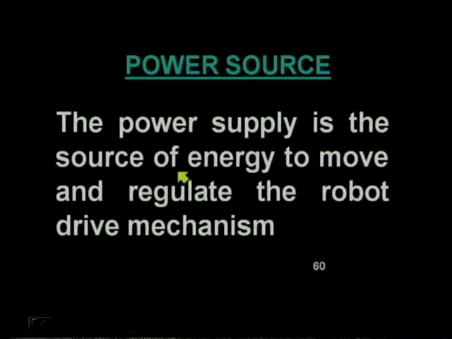The power supply is the source of energy to move and regulate the robot drive mechanism. So, the robot drive mechanism will be totally controlled by the power source. It may be hydraulic, electric or pneumatic. So, let us see the classification of this power source.